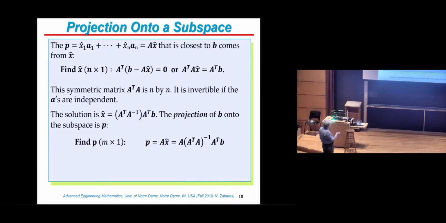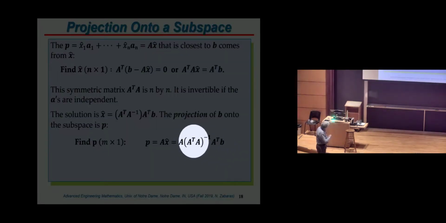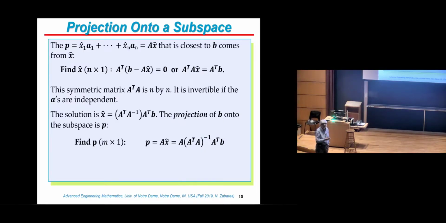And if somebody asks you, what is the projection matrix capital P? What are you going to say looking at this equation? By definition, what is capital P? You remember, what's the projection matrix? You take the vector B, so capital P times B gives you the little projection point p. So what's the matrix?